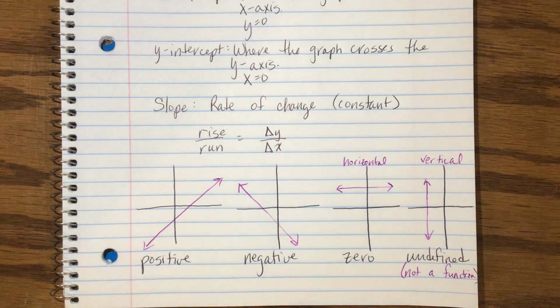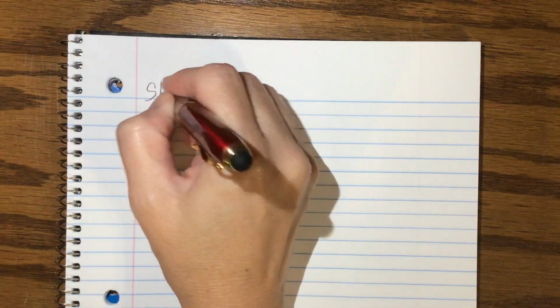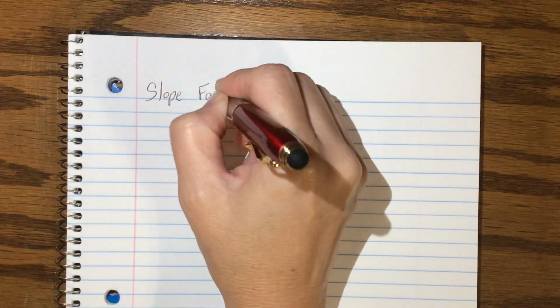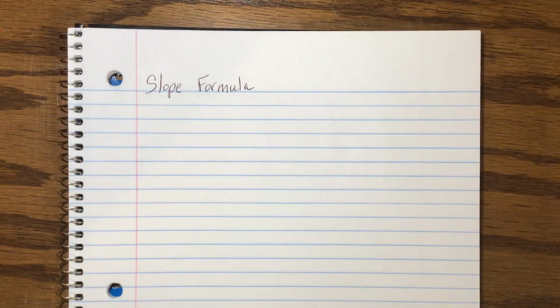Okay, now we're going to dive into the slope formula, and we're just going to do a couple of examples there just to refresh our memory. So I'm going to flip to the next page. And we are going to do slope formula. Told you we were going to review a whole lot in one short little video.